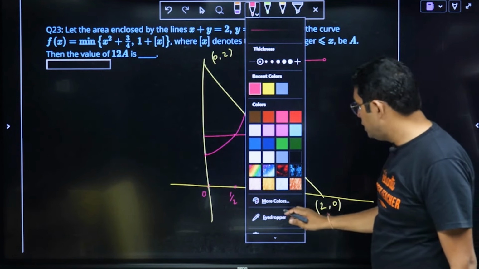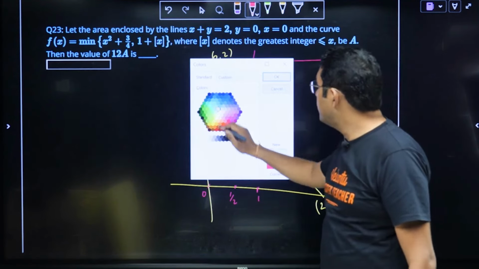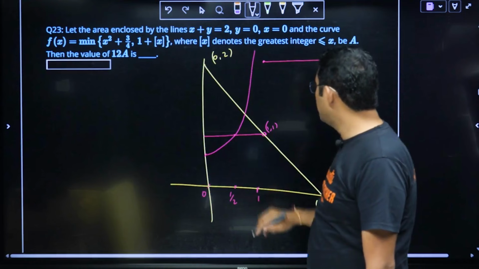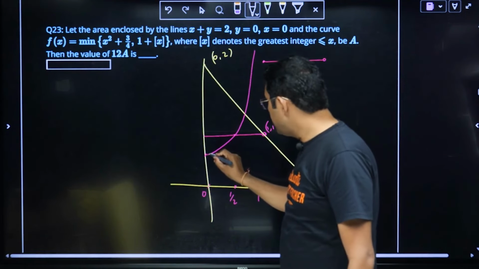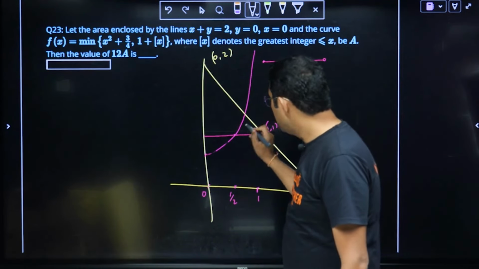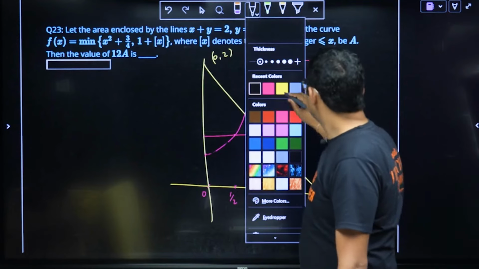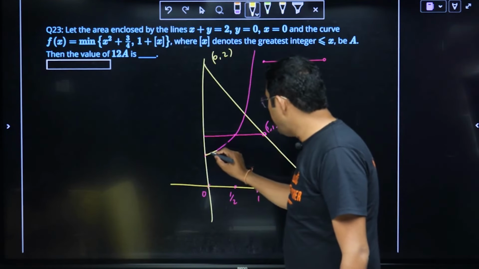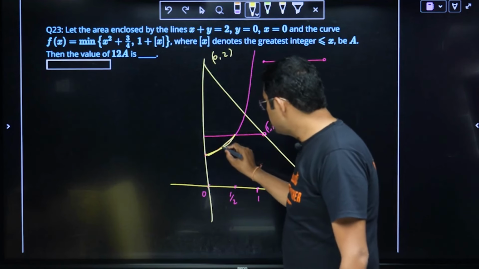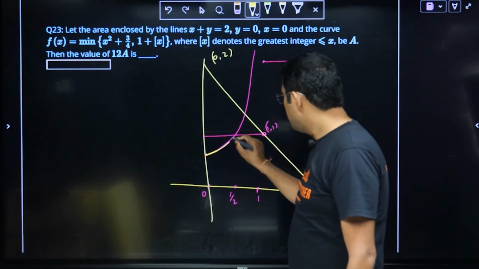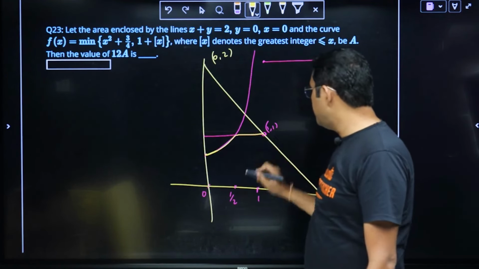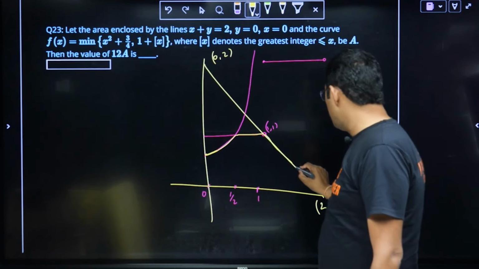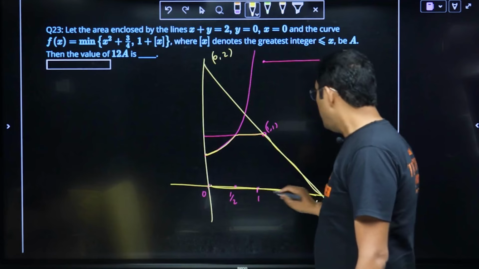Now we are looking for the minimum of these two. So you can see the minimum is given by this quadratic, and then this GIF function, and also enclosed by x plus y equal to 2, y equal to 0, and x equal to 0.